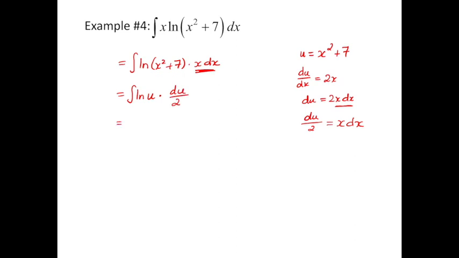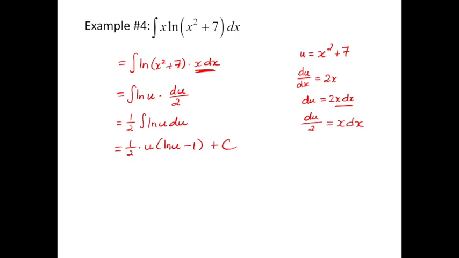So then that 1/2 comes out in front, times the integral of ln of u du. Then integrating, we get 1/2 times the u times bracket ln of u minus 1, all plus c.